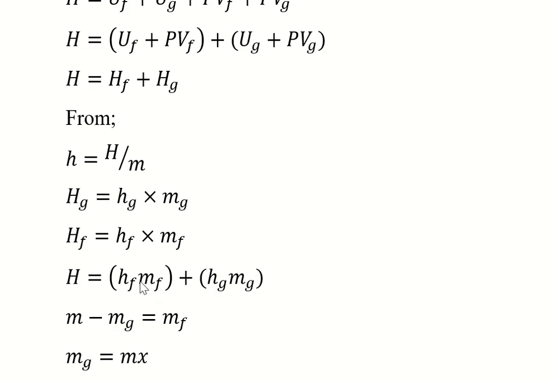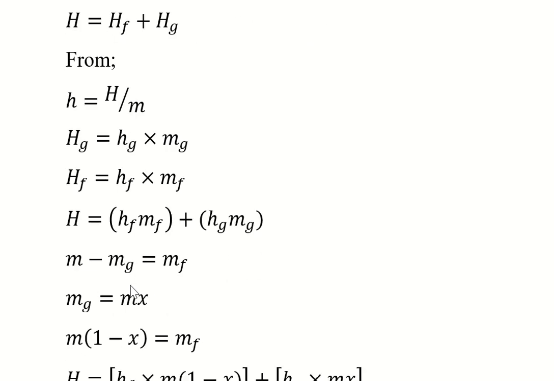So you substitute these into the formula, and you will get this. But we know that total mass is equal to the mass of the liquid phase plus the mass of the vapor phase. Once you collect like terms, you'll find that the mass of the liquid phase is equal to total mass minus the mass of the vapor phase.